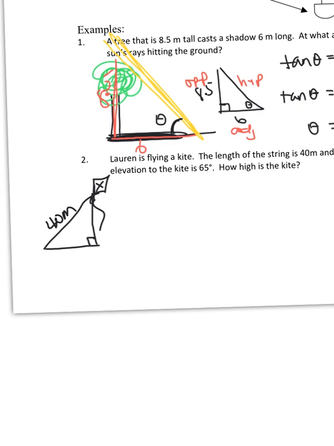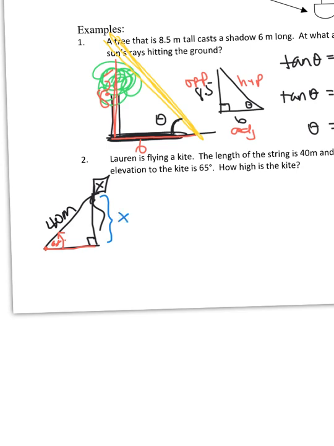Okay, so this is that angle of elevation. So from the person holding it and out, there's my horizontal, and I'm looking up at the kite. So there's my 65 right in there. Squeeze it in. Okay, so we want to know how high the kite is. So how high is this length here?